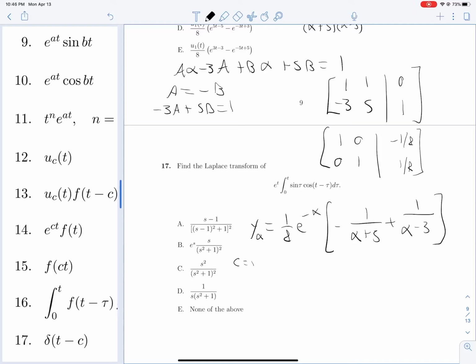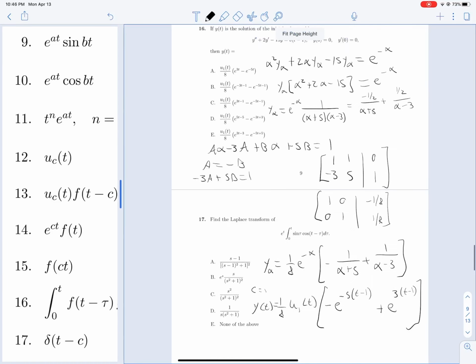So we will have y of t is equal to 1/8 times u1 of t multiplied by the quantity negative e to the negative 5t, but our t is replaced with t minus 1, and then plus e to the 3 times t minus 1, end bracket.